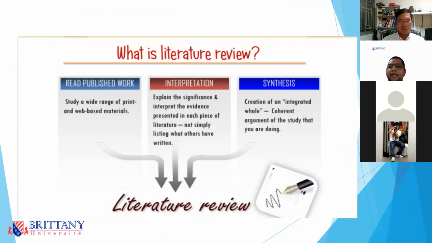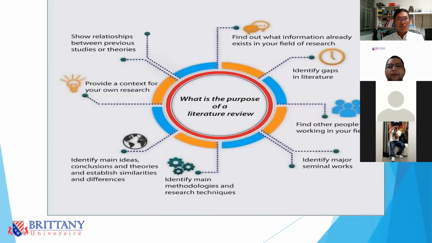You need to rewrite, correlate, and integrate, right? So we are finding the different definitions of literature review. Now, what is the purpose actually? Why do we need to do a literature review in our research?